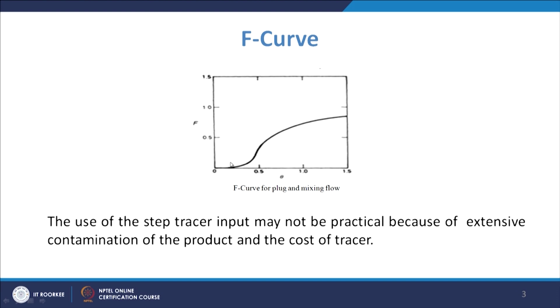Up to this much time there is no tracer concentration appearing at the tundish outlet. The tracer which has gone inside has come through without going to the outlet, and after that it has started appearing at the outlet. It will start appearing, and then slowly go on increasing. So, you have a plug component, and you have a mixed component.